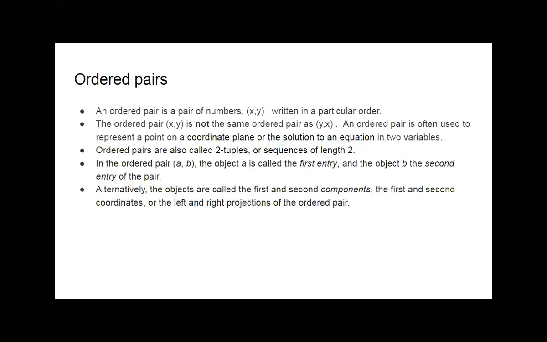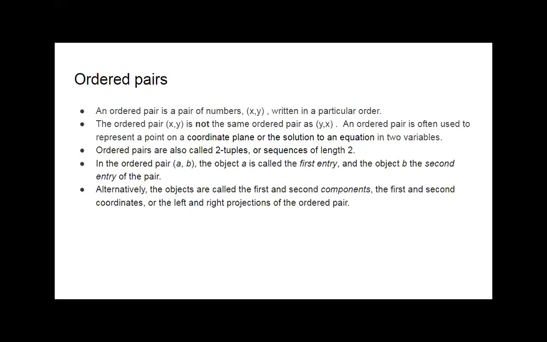So it is a coordinate pair. The ordered pair x, y is not the same ordered pair as y, x. As it is ordered, we cannot change the sequence of the numbers or coordinates. So (x, y) is not equal to (y, x); they are different.